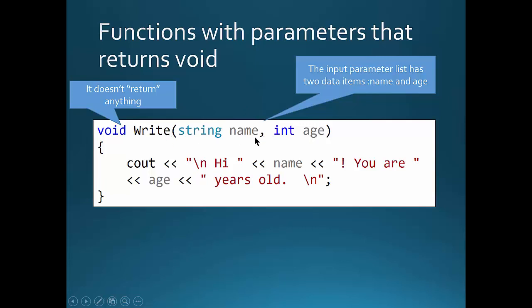These parameters are going to be brought in, and then we just are outputting them. We're using them just like we would any variable inside of our block of code. And typically, if you have a function that takes inputs but is void, it's often a write type of function where you're outputting information to a screen or to a file or something.